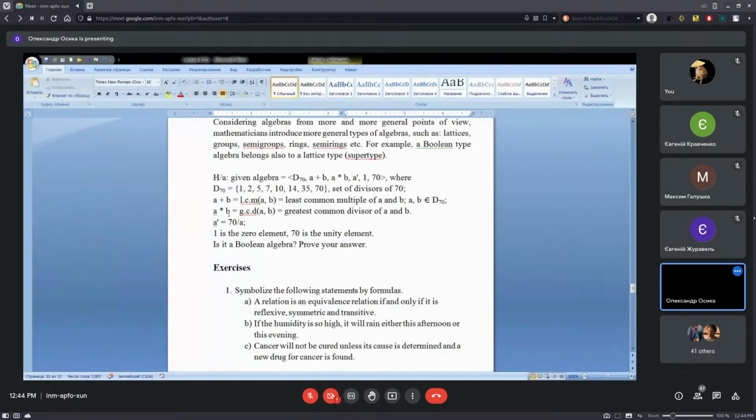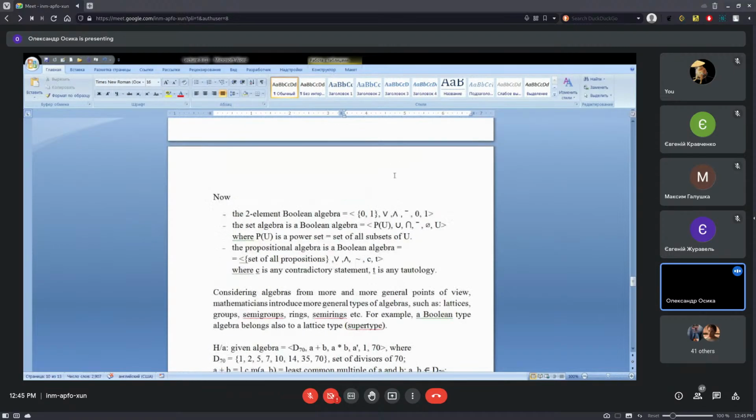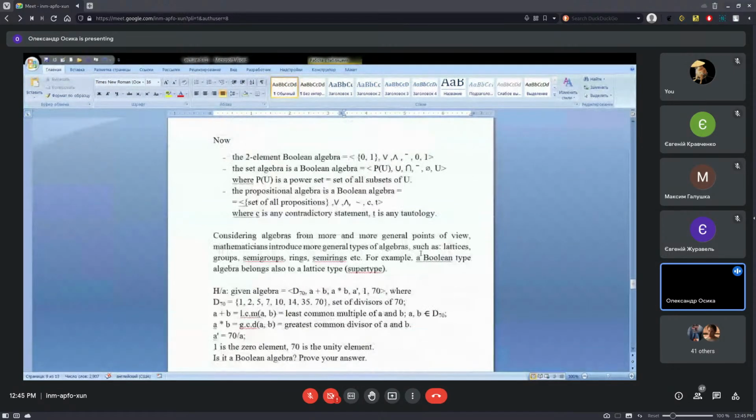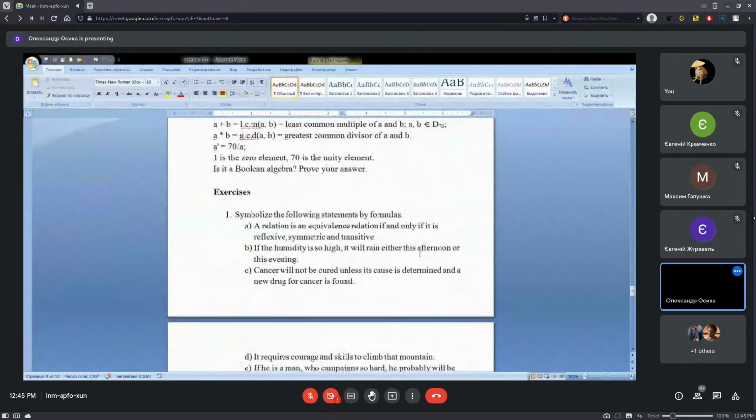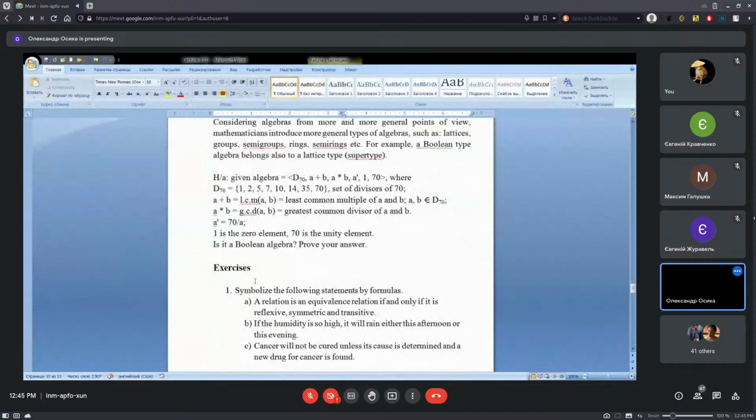A by B is the greatest common divisor of A and B. And A prime is such a number: 70 divided by A. 1 is the zero element from the definition of the Boolean algebra, and 70 is the unity element.